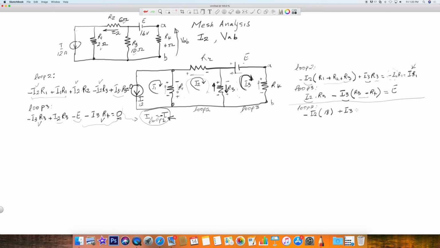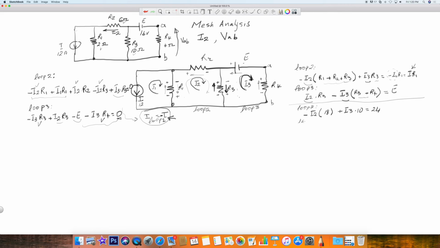That's, again, a source of errors whenever you're analyzing a circuit of this nature. So what is R3? That's 10. Right? So we know we're multiplying I2 by 18. We're multiplying I3 by that. And now we're left with I times R1. So that's 2 times 12, right? So what is that, 24? Fantastic. So that's loop 2.